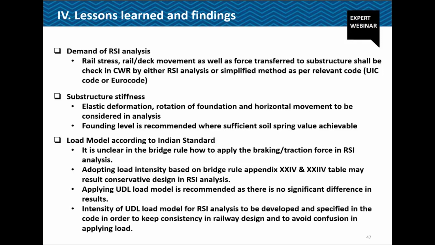But I think it is good if we specify how to apply this kind of loading in RSI analysis, almost like the UIC code, which will save a lot of time for engineers. Most engineers understand RSI analysis, and MIDAS provides an excellent RSI wizard, but applying this kind of loading for 5 load combinations takes a lot of effort. So sometime we have to discuss openly how to define the equivalent UDL loading in RSI analysis in the IRS code.